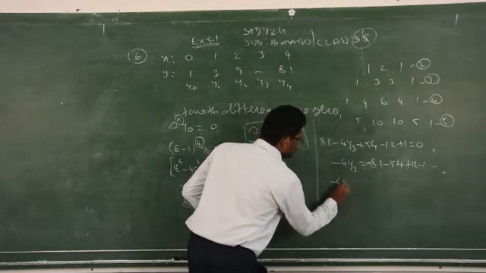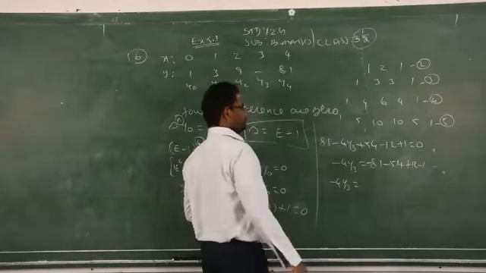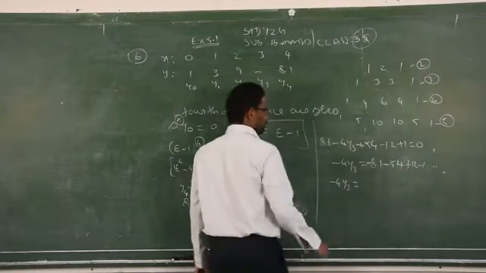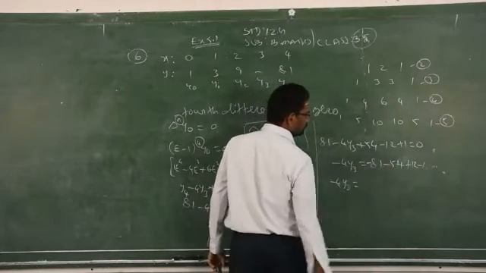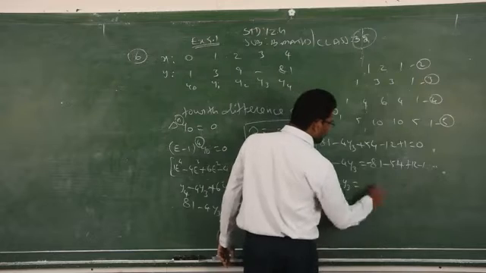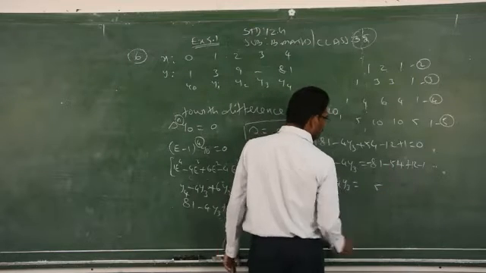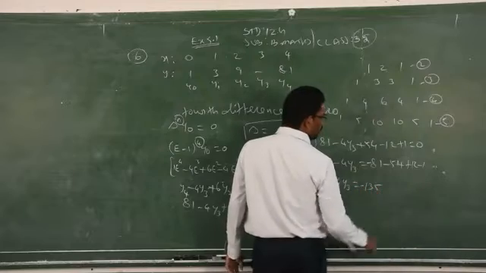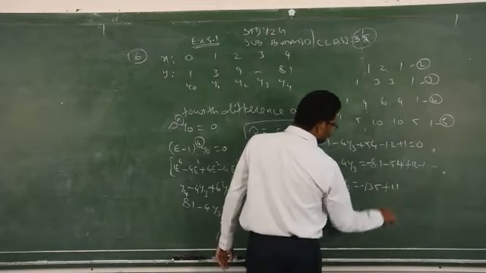So minus 4y3 is equal to, just add minus 81 minus 54, plus 12 minus 1. Use the calculator.